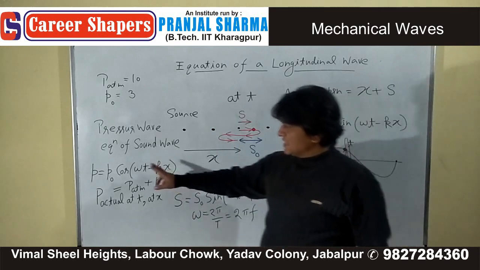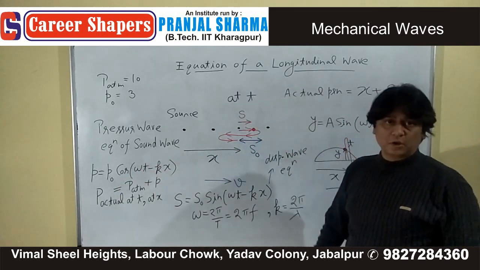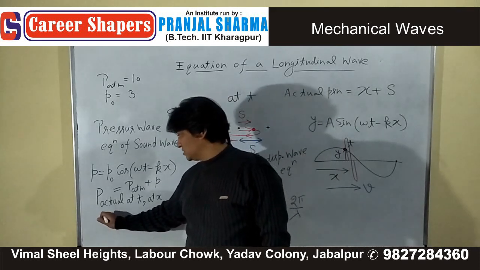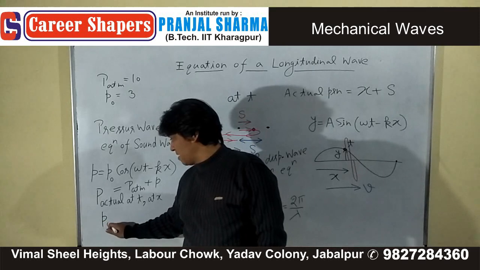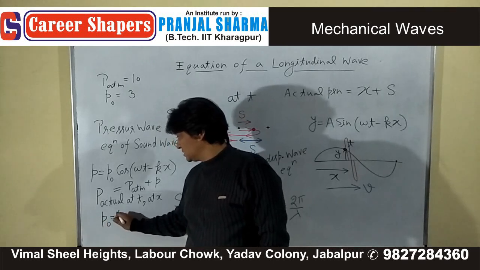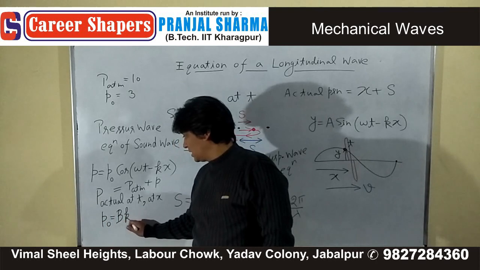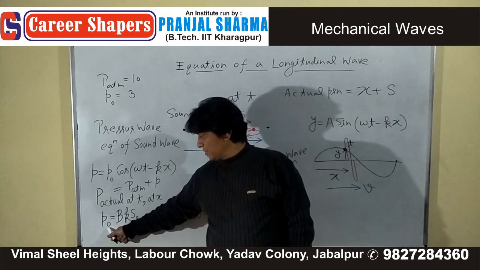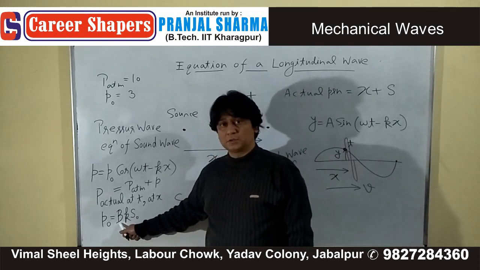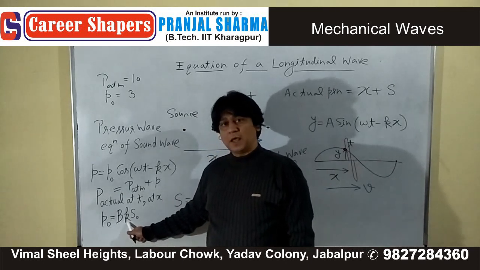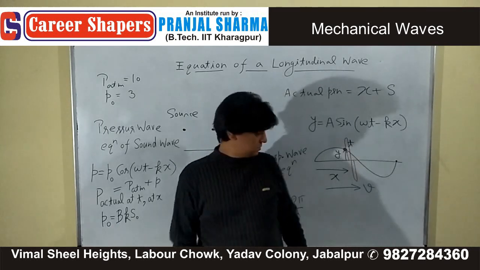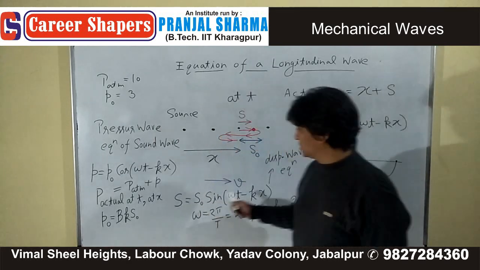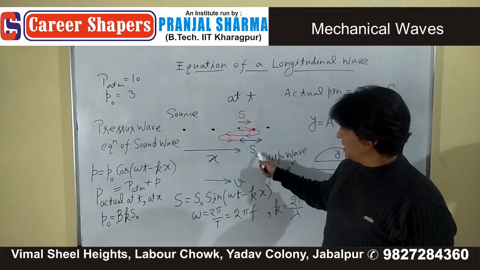Now, this P0 and this S0 are related to each other in this form, which is an important result for competitive examinations. Remember it like this: P0 is B K S0. P0 is the pressure amplitude, B is the bulk modulus, K is the angular wave number, and S0 is the displacement amplitude.